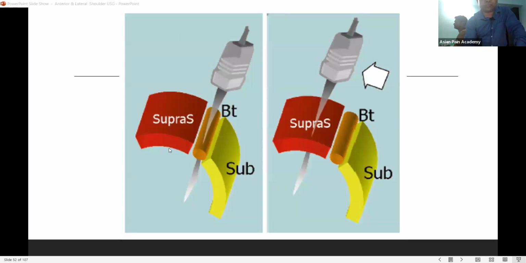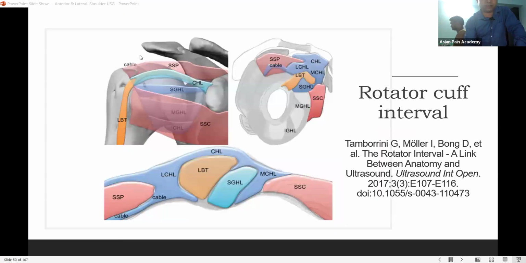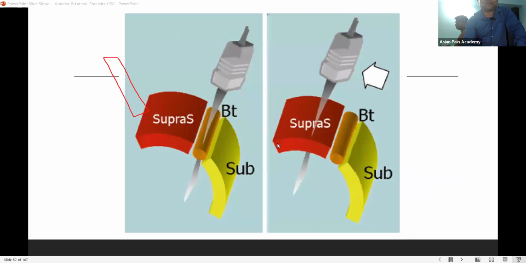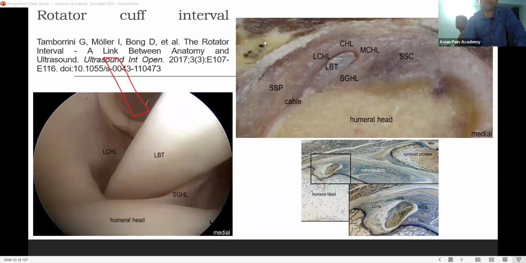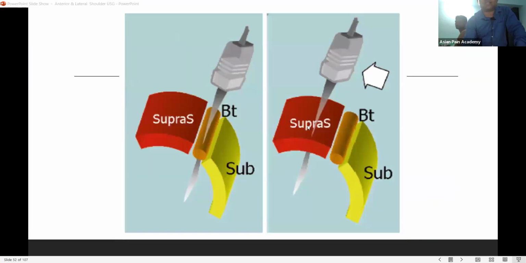So remember, if I show you this picture in a short axis manner, if I cut it in this way, then what will you see? Then you will see this picture: on one side the supraspinatus, the superior side, and on the anterior side the subscapularis, and in between the biceps tendon.